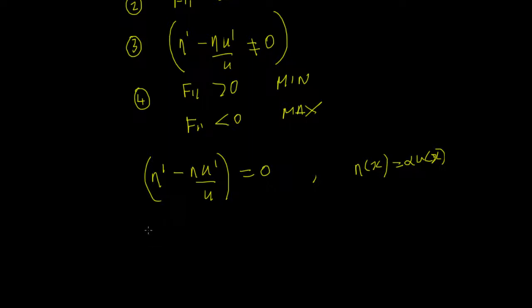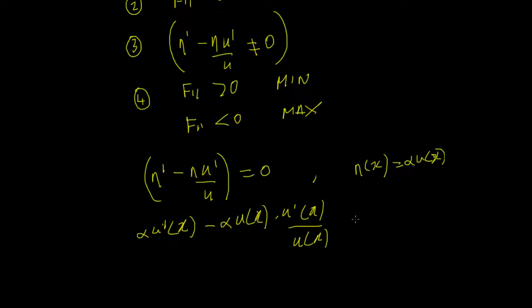We can show that's true by putting alpha u of x into the expression. You end up with alpha u derivative of x minus alpha u of x times the u derivative of x, all upon u of x.